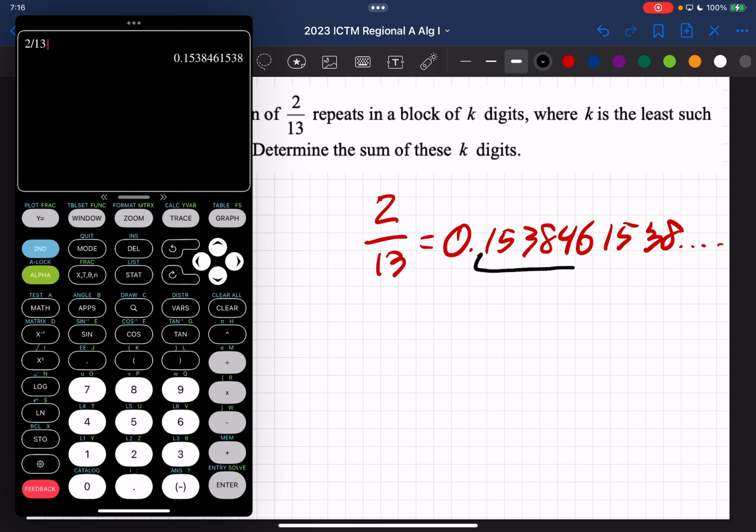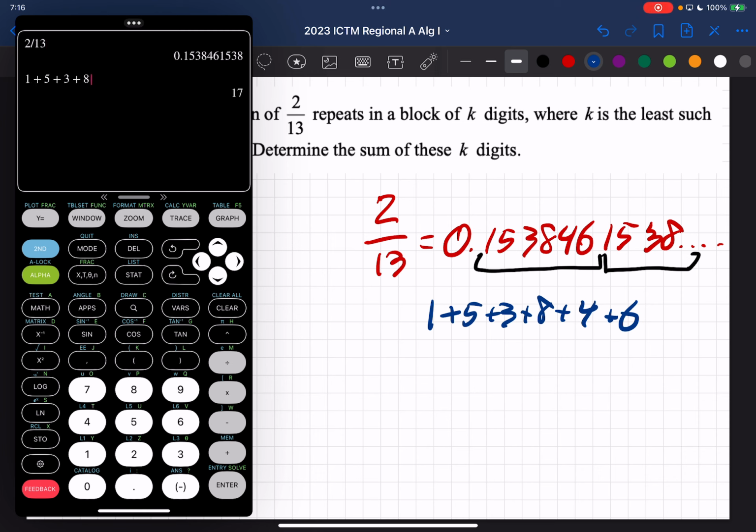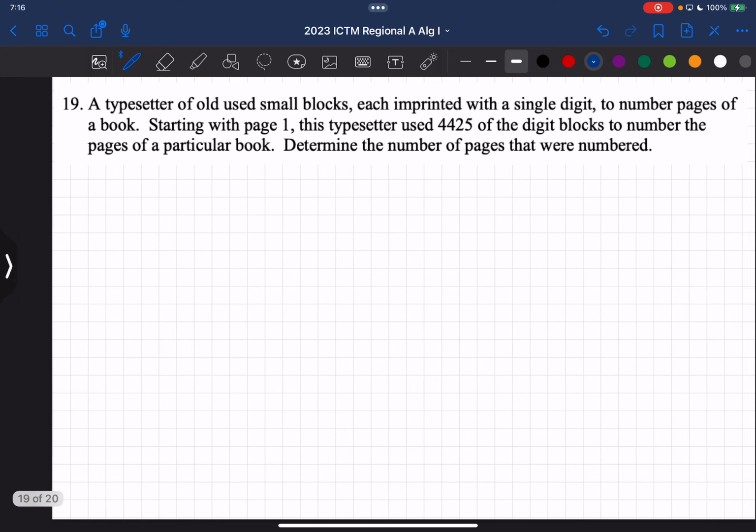So we have this block right here, and this block here. So we want the sum of each of these digits: 1 plus 5 plus 3 plus 8 plus 4 plus 6. And we get 27 as the sum of those digits.